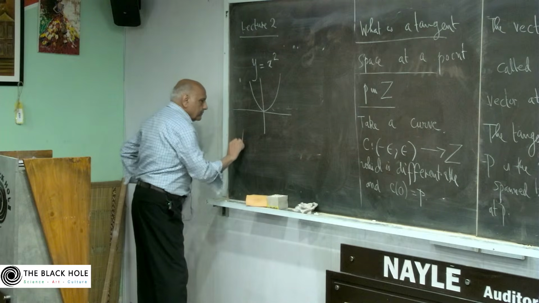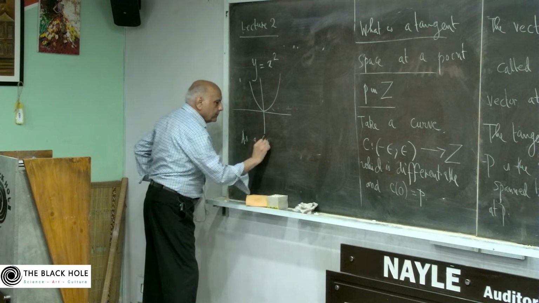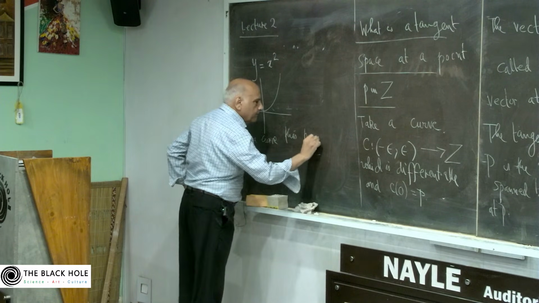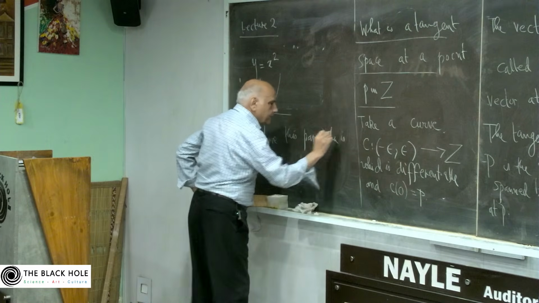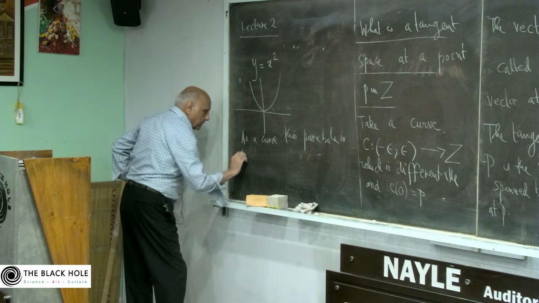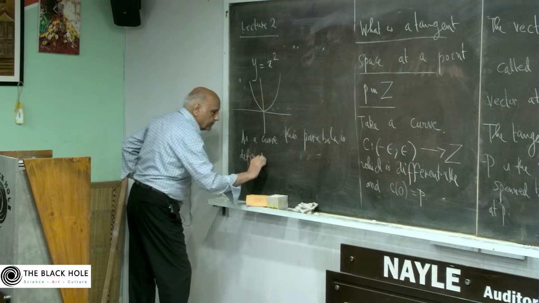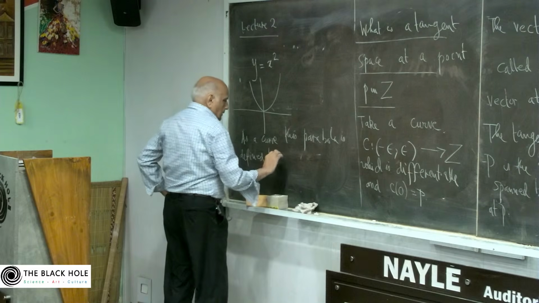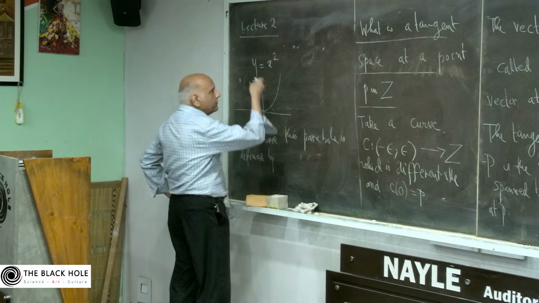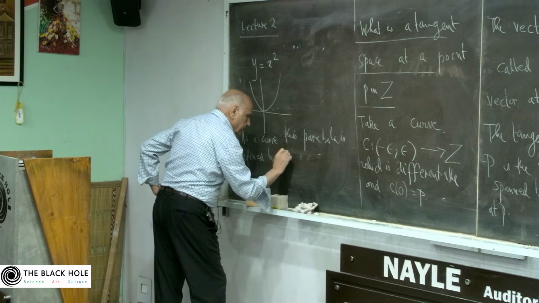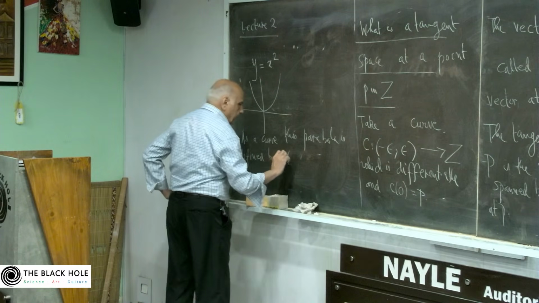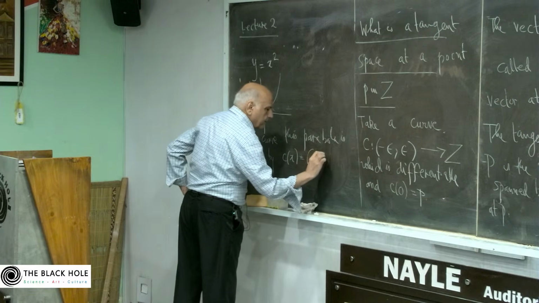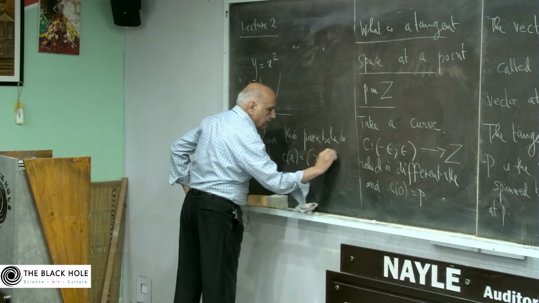So as a curve, this parabola is defined by C of x equals x, x square.